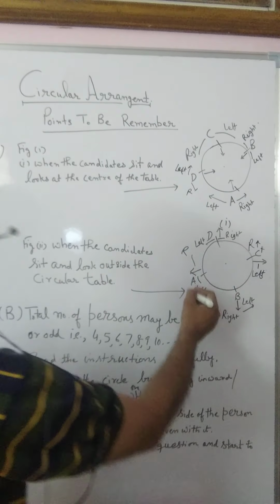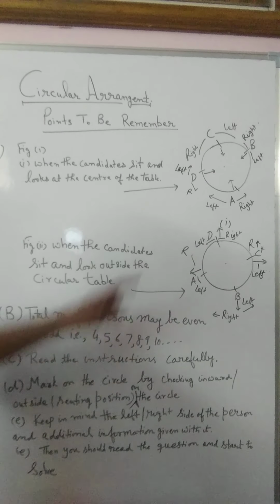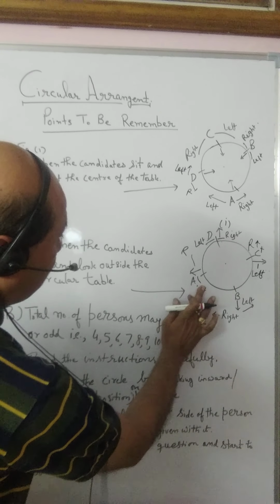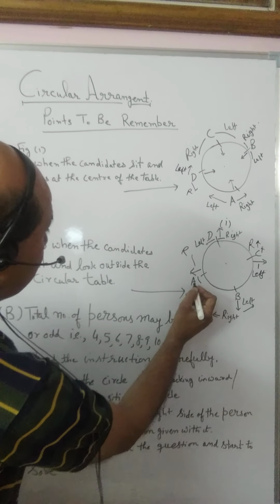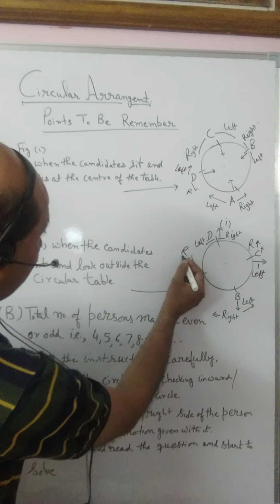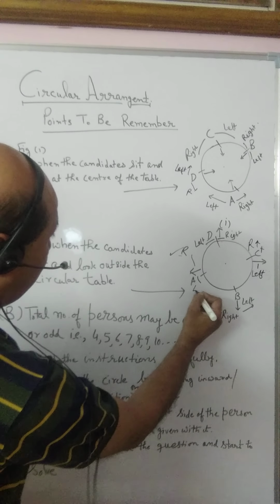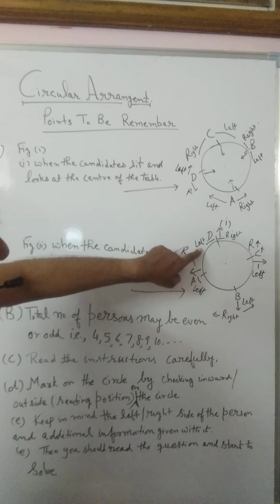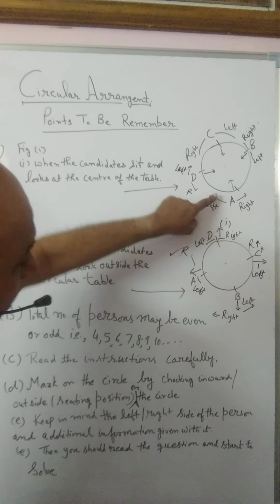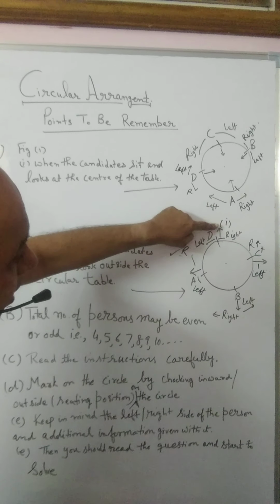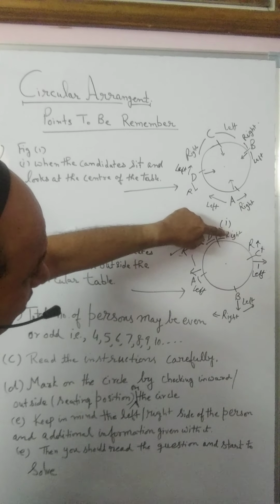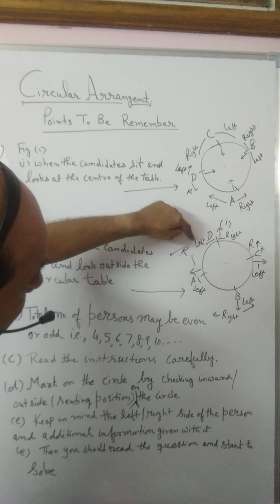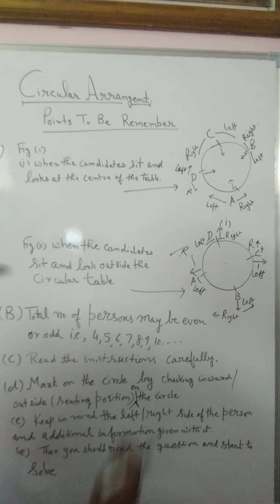Similarly for D, his left hand side and right hand side, for example A, his right hand side will be in this direction and left hand side will be this one. Similarly for D, when he is looking outside, his right hand side will be this direction and left hand side on this direction.